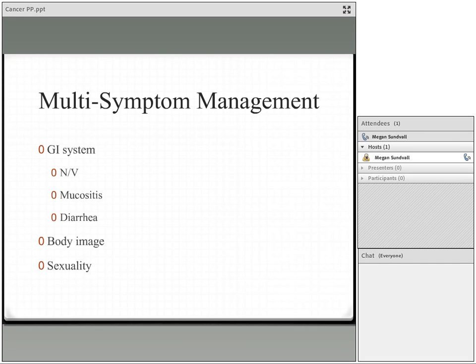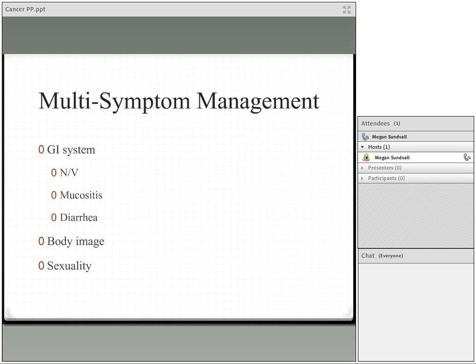So, not using lemon water or lemon mouth rinses if they have actual lemon or acid in them. Diarrhea is another problem. 50 to 80% of chemotherapy agents can cause diarrhea, and this is due to the chemotherapy destroying the rapidly growing cells of the GI tract. Surgery, diet, stress, anxiety, infection, and radiation can all affect or cause diarrhea also.